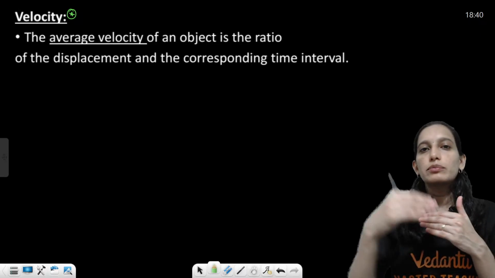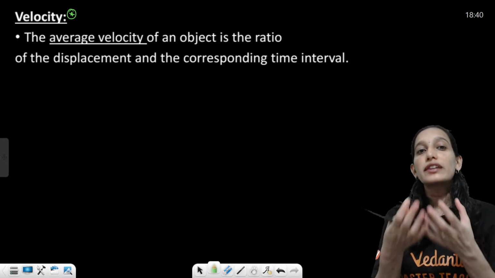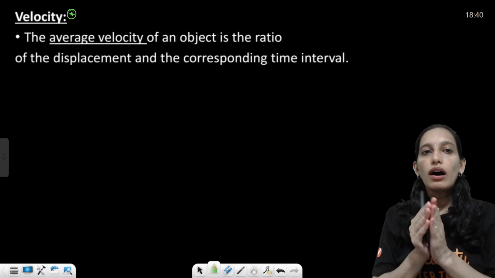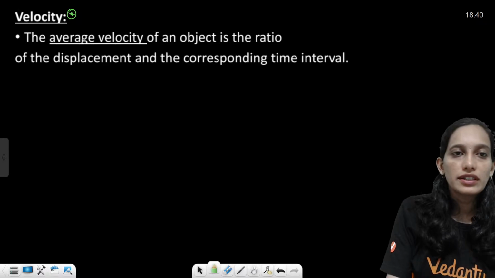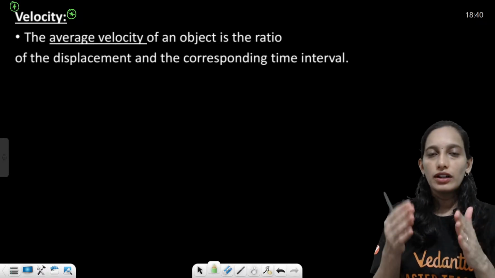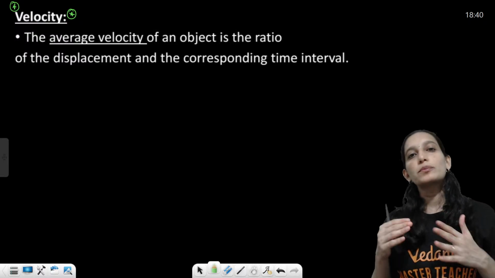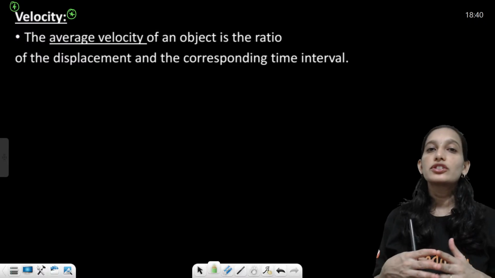Maybe throughout that motion, at what speed or at what rate the object is moving. So our quantity now is called velocity. How fast the object is moving or how slow the object is moving, that is what is your velocity.